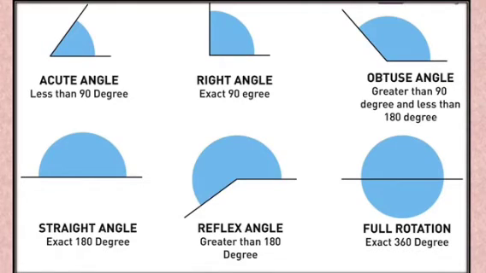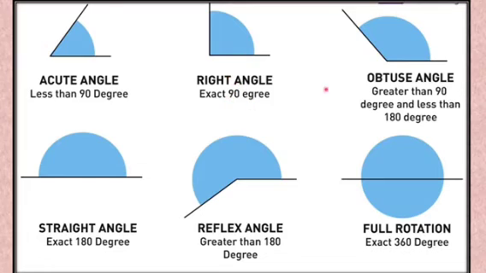Now again, different angles depicted in different ways. The moment you think of acute angle, which is less than 90 degrees, you can depict it like this. You can even have it drawn like this and kept as a reference instead of the tabular column. Right angle, exactly 90 degrees. Here we had acute angle, less than 90 degrees.